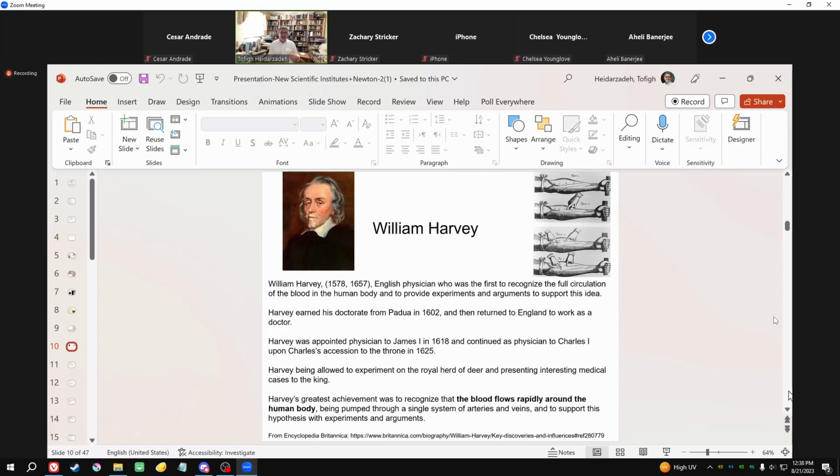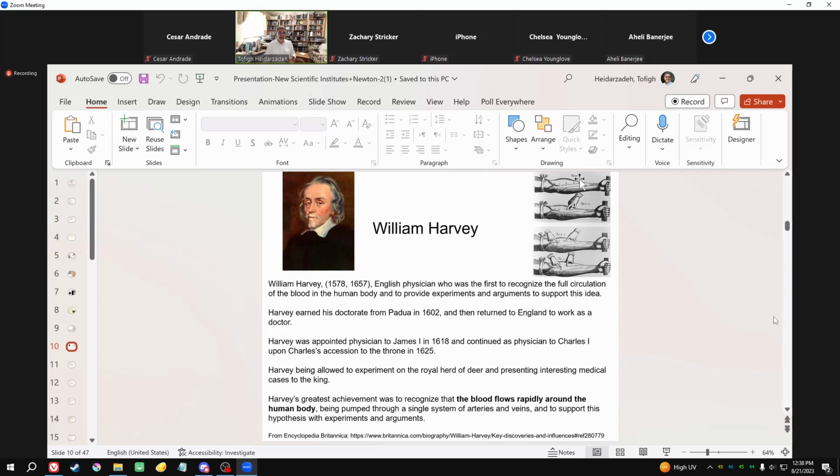And by performing experiments, as you see here, on how to control the pressure by controlling the circulation of blood in our body, he was able to discover something which nobody had discovered for about 2,500 years, the circulation of blood in our body.